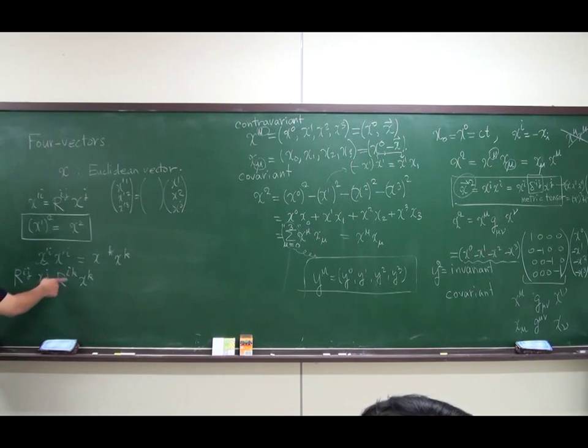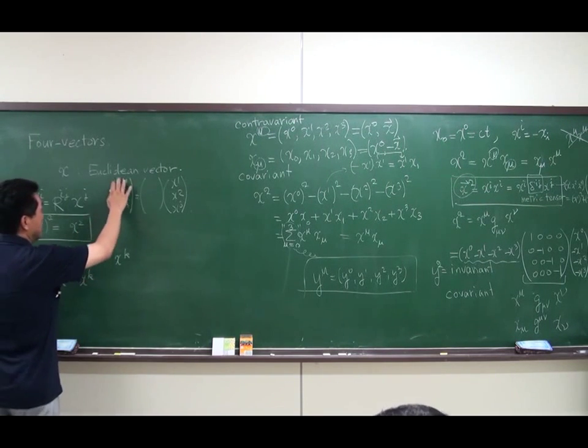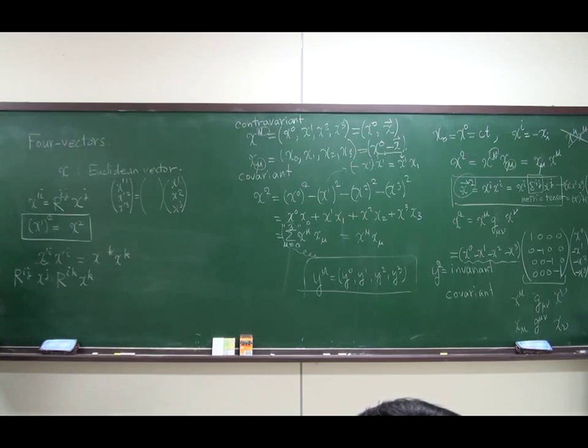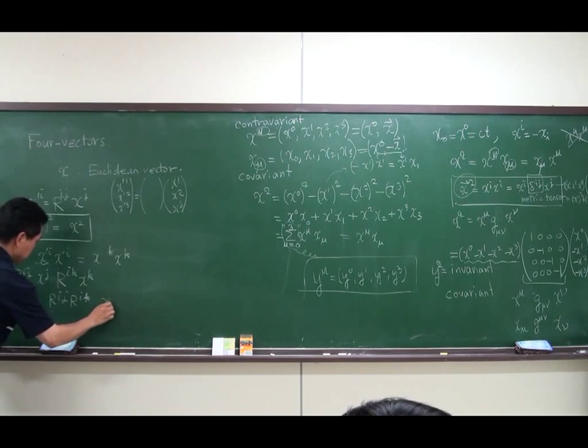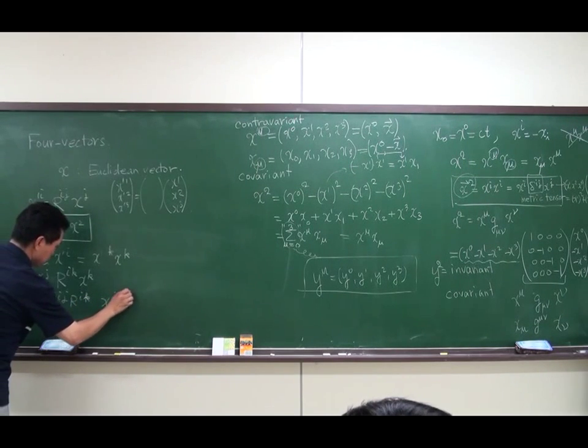So these are numbers. They commute. If I write this expression as a product of matrices, I cannot commute them. But because they are numbers, okay?